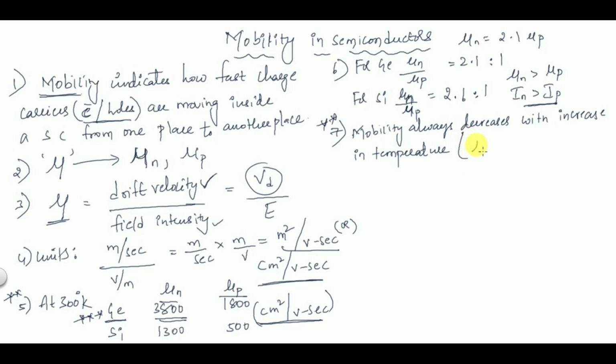So mobility is proportional to T power minus m. So it represents 1 by T power m, of course. So it decreases with increase in temperature. So we call it NTC, negative temperature coefficient. So mobility has negative temperature coefficient. That means mobility decreases as temperature increases. So negative relationship. So that is why it is NTC.